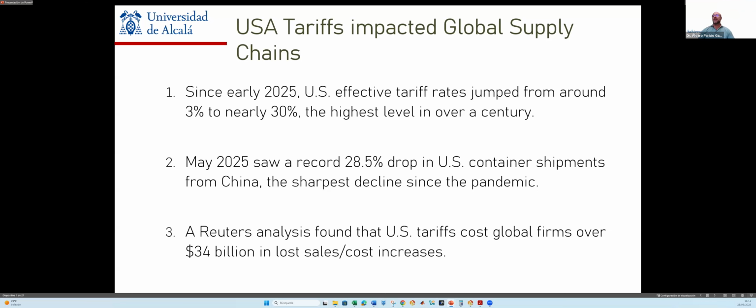So the demand moved into the early quarter in the year. Also, there's a great change in cost increases and lost sales. We are going to see this today.